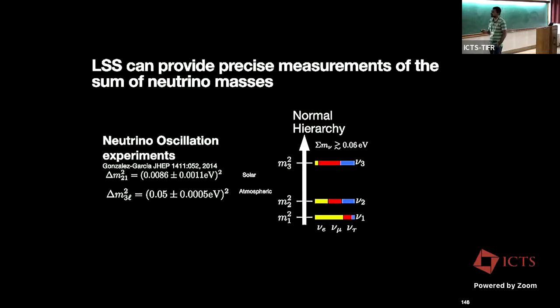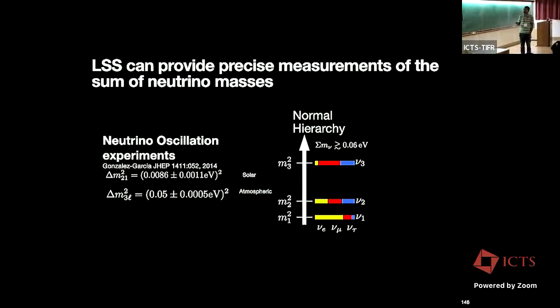There are very precise measurements of the difference of mass eigenstates from solar experiments, and there are also measurements of the difference of the third to the mean of the first two from atmospheric experiments. So we know that there are three eigenstates, and we know the difference between them, but we don't know the absolute scale.